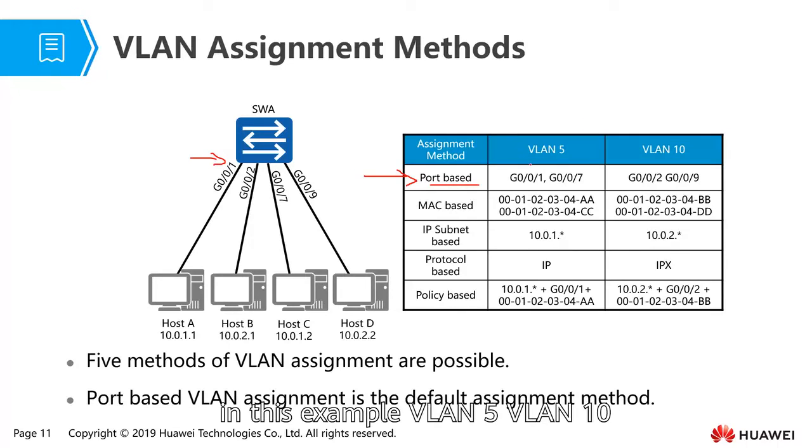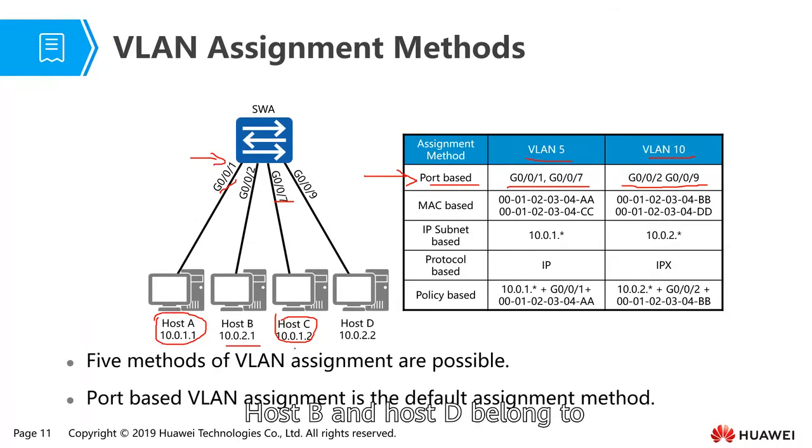For example, VLAN 10 and VLAN 20, where interfaces 1 and 7 belong to one VLAN, and 2 and 9 belong to VLAN 20. So these two hosts, host A and host C, belong to one VLAN. That's one broadcast domain. And host B and host D belong to another broadcast domain.